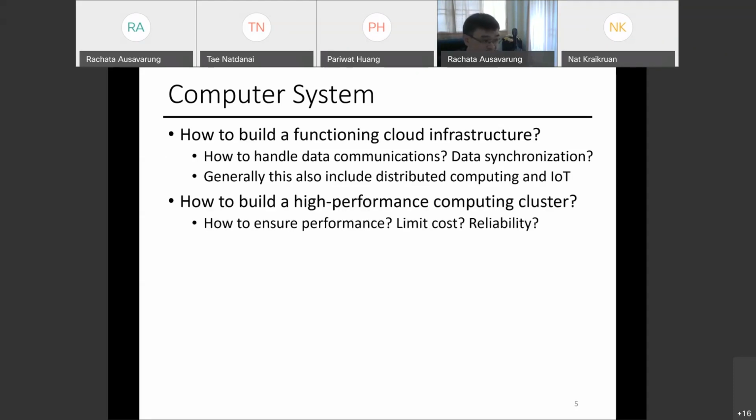How to build a high performance computing cluster. Let's say you want to run a program that would analyze the RNA sequence of the COVID virus, right? It's a totally legit workload.